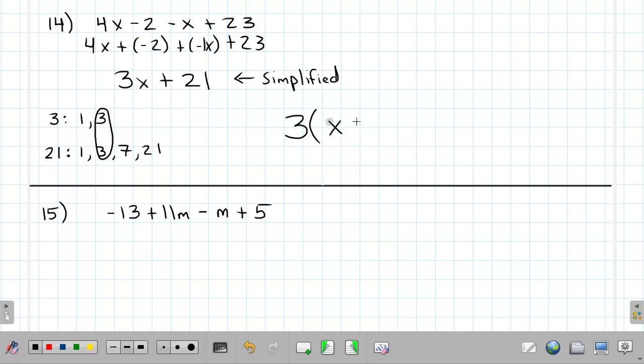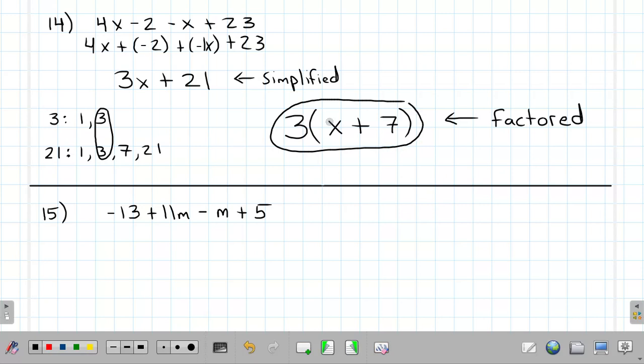But then plus, since it's plus out here, 21 divided by 3 gives us 7. And this is what we have when we factor. So this is factored. Technically our final answer is going to be this because we simplified it, then we factored.